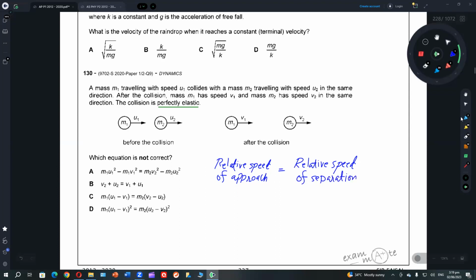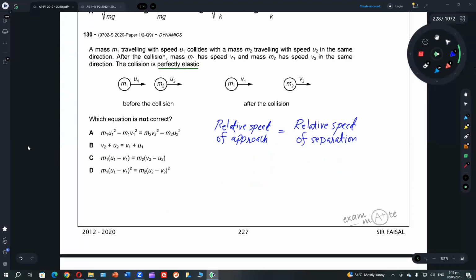But how do we find the relative speed of approach? This is the formula. And remember the rule: when arrows are in the same direction, you have to subtract them. So what is the relative speed of approach? I can write u1 minus u2.